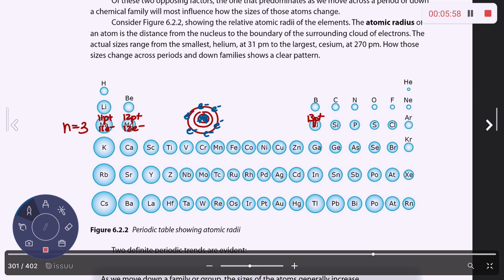So atomic radius will increase in this direction and this direction on your periodic table, which is the exact same trend as metallic character. I would recommend reading this part about atomic radius because it's really insightful and it explains it really well. All right, let's move on to the next figure.